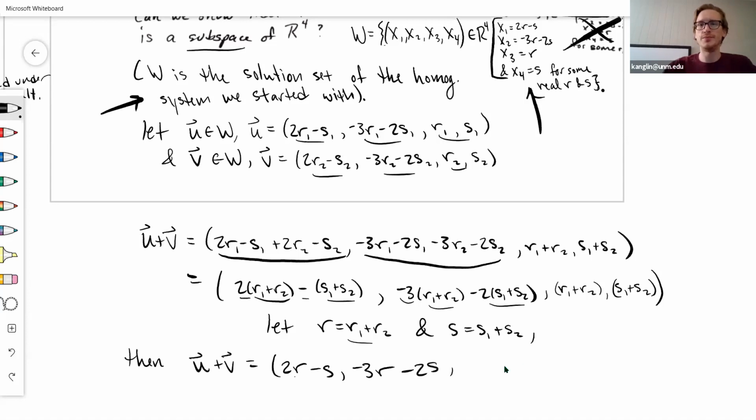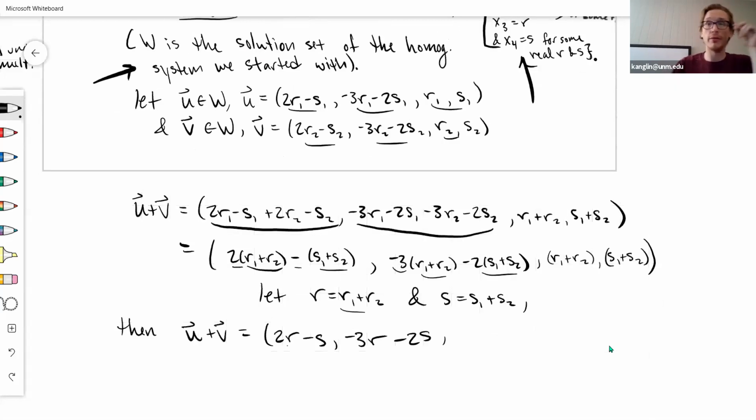And finally, out at the end here, R1 plus R2 is just R, S1 plus S2 is just S. So since these sums, R1 plus R2 and S1 plus S2, are still just real numbers that I'm calling R and S, we can see that U plus V is still exactly of this form.